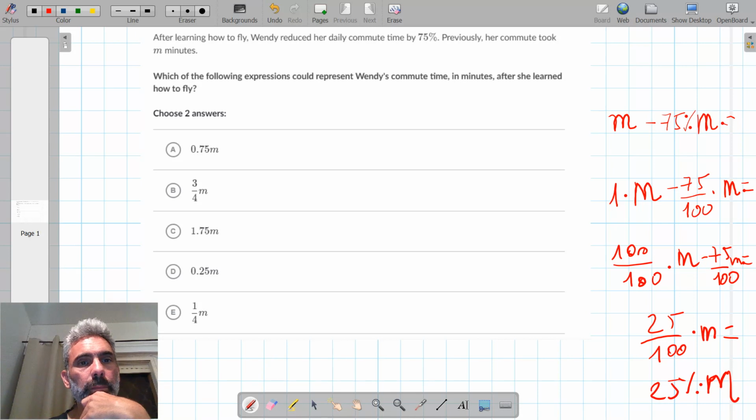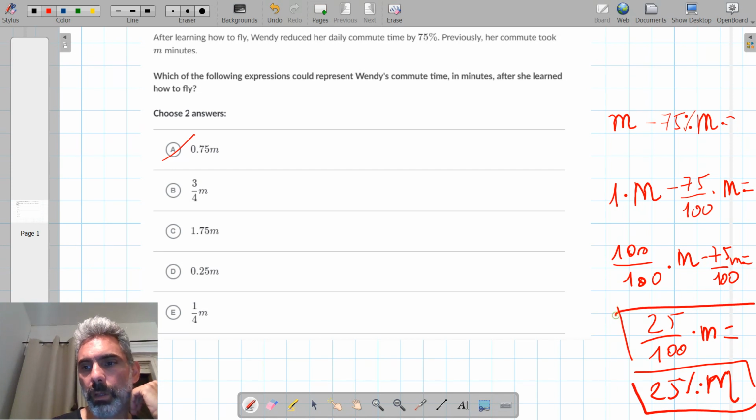Okay, so it's 25% of m, the original commute time, that is left. Okay, so A is incorrect because this does not represent Wendy's commute time after she learned to fly. It should be 0.25, not 0.75.